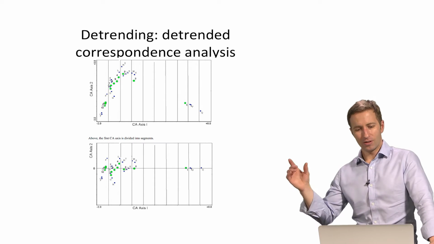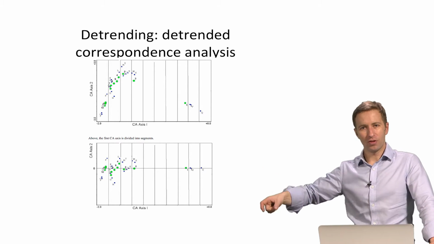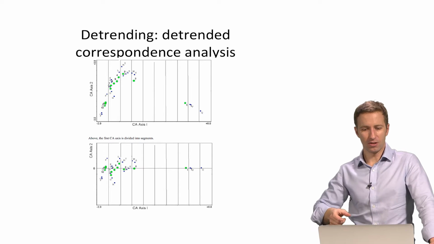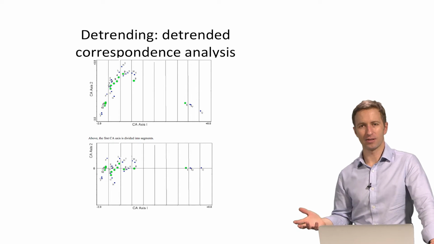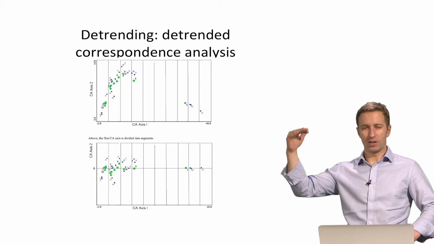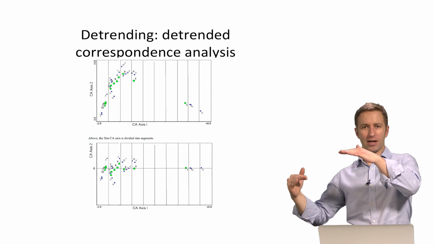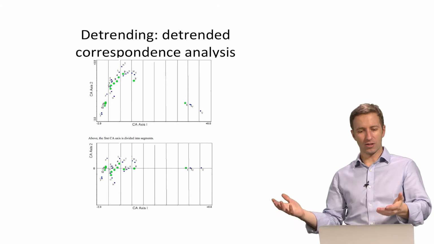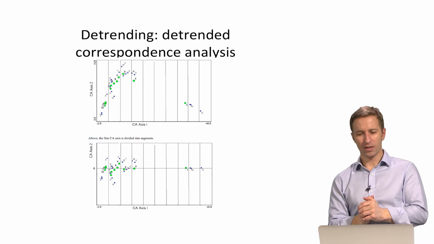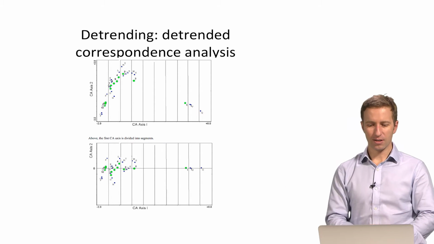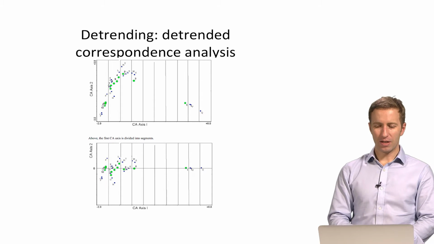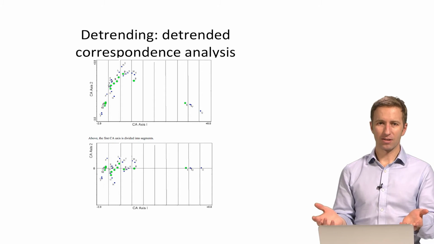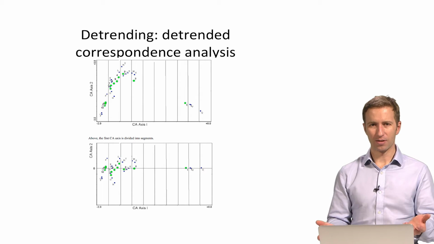Then the way this works is it just slices up the x-axis into bins, say 10 bins, and shifts those bins up or down to have the same mean. And then those are the new detrended coordinates. Turns out this is really not a good idea because the size of the bins is going to matter, and it's hard to know what size to make them.